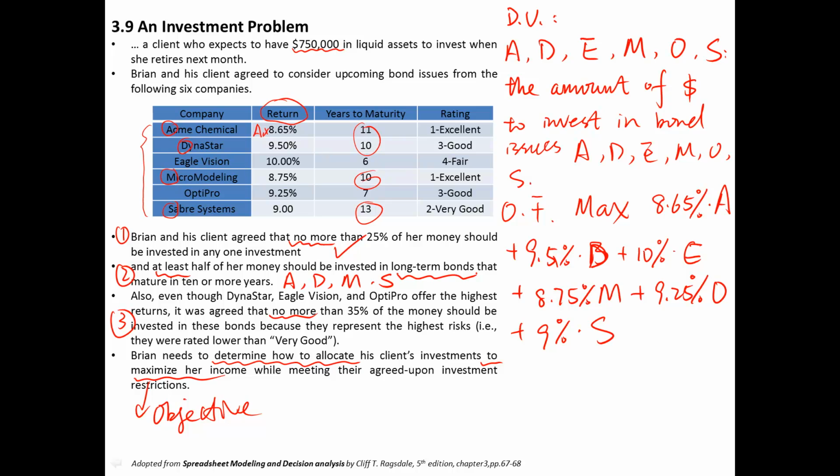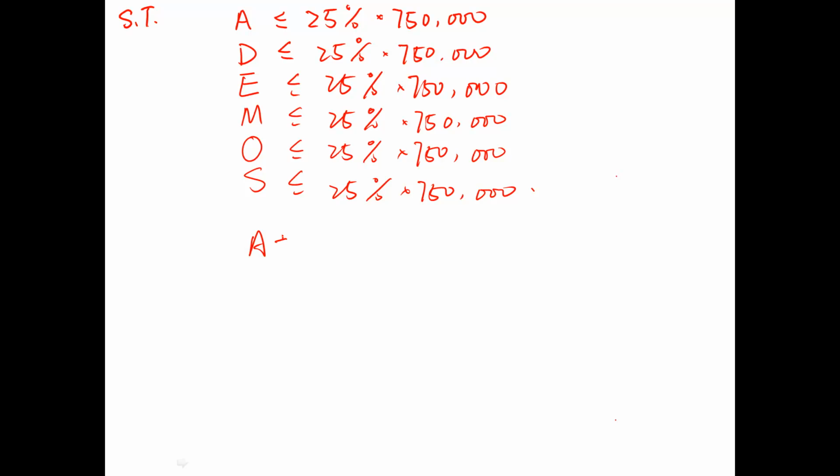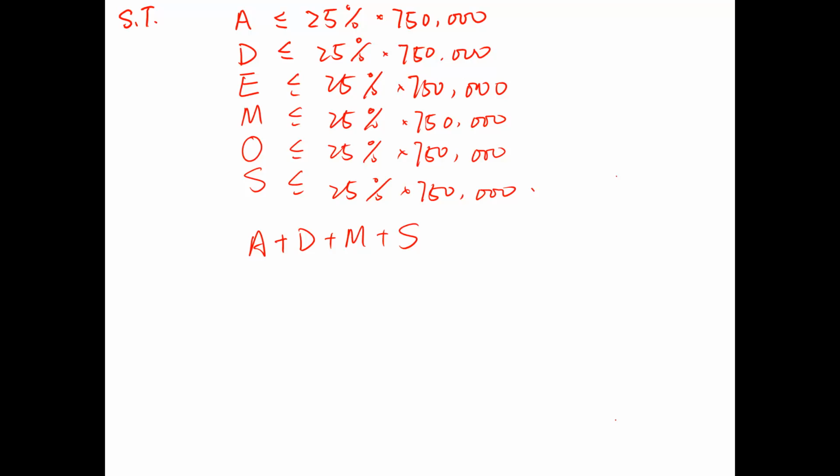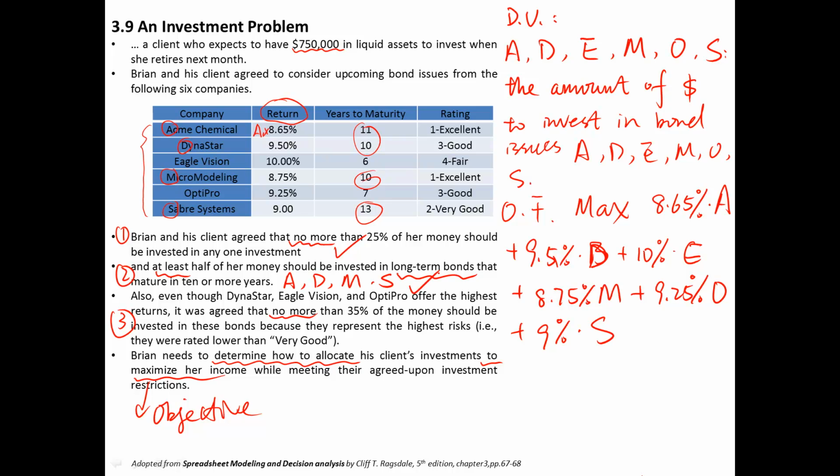So what this restriction is saying is that at least half of the money should be in A, D, M, and S. So the amount of money that we put in A, D, M, and S needs to be at least half of the portion. At least means greater than or equal to half, which is 50% of the $750,000. So that's the second constraint.